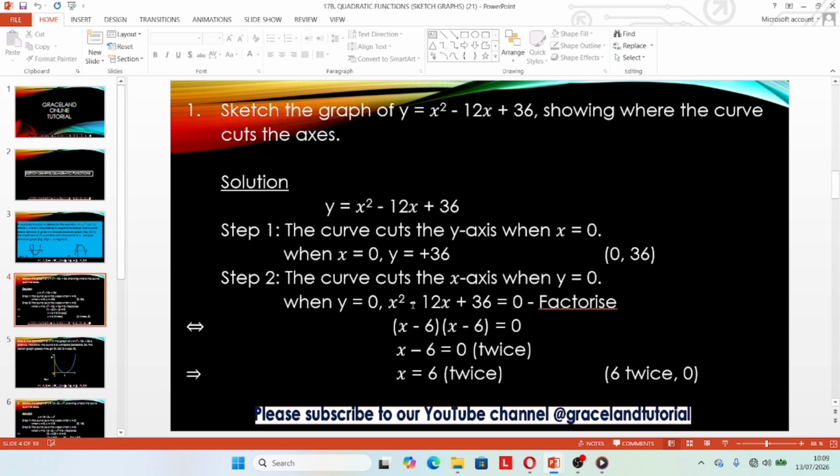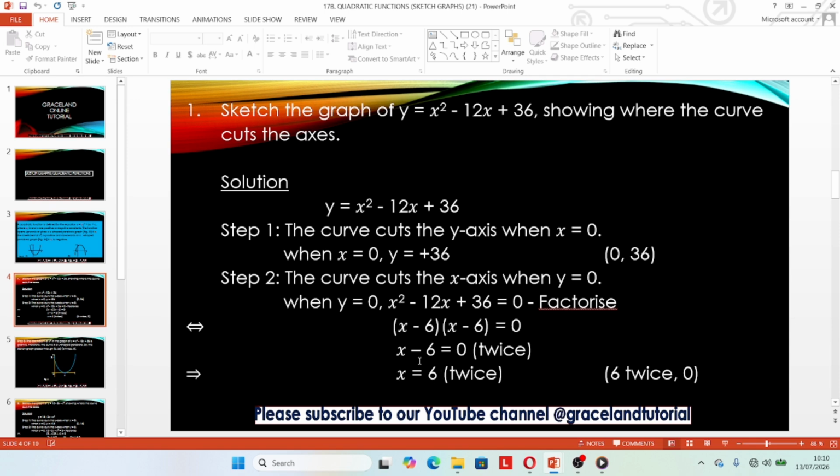Now, x squared minus 12x plus 36 is equal to 0. By the time we factorize that, we have x minus 6 into x minus 6 is equal to 0. So x minus 6 will be equal to 0. Take note, we have that twice.